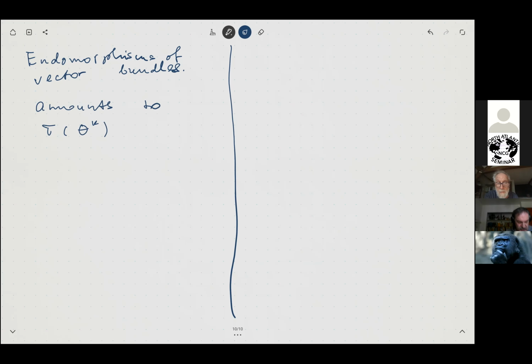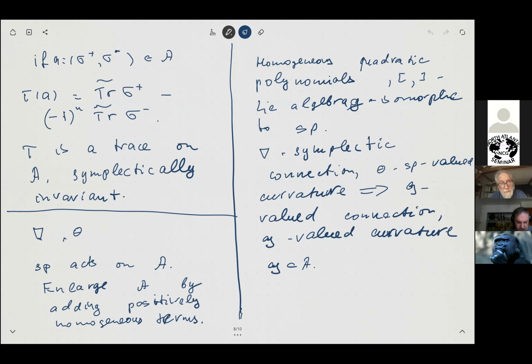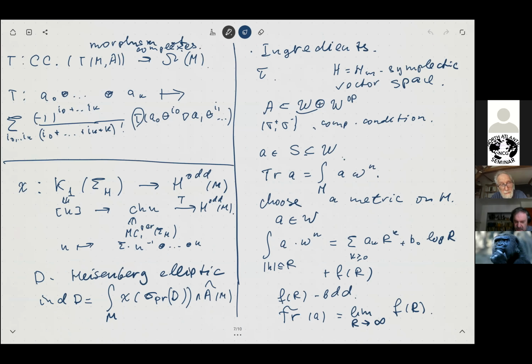So the differential operator corresponds to a polynomial element in our algebra A, and I backtrack a few slides. Our regularized trace was computed as follows.